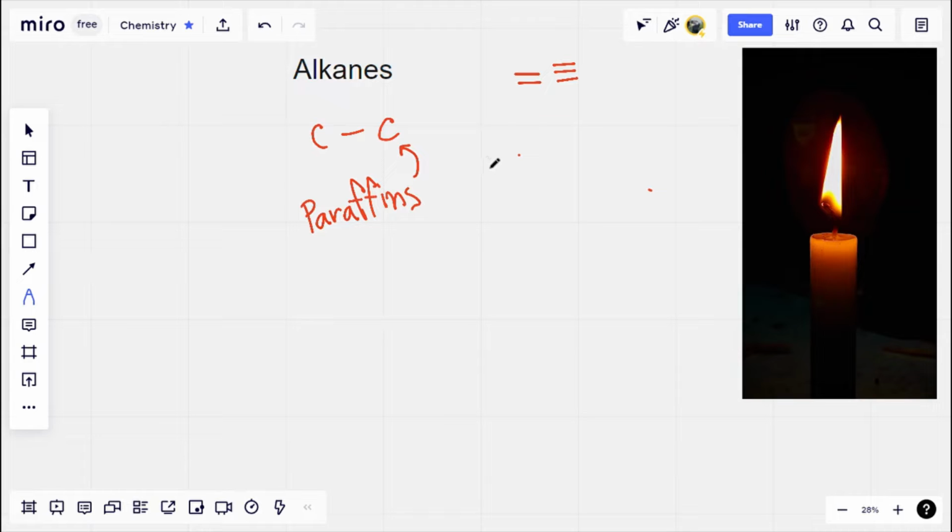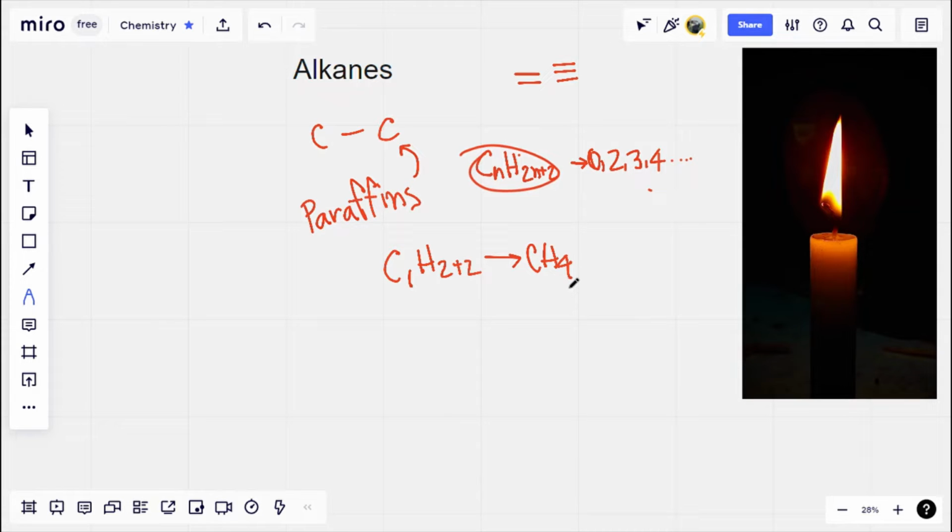So the general formula of alkane is CnH2n plus 2. And here n can be 1 or 2 or 3 or 4, etc. If we put 1 in the general formula of alkane, it would be C1H2 plus 2 or CH4, which is the first and simplest member of alkane, methane, M-E-T-H-A-N-E, methane.